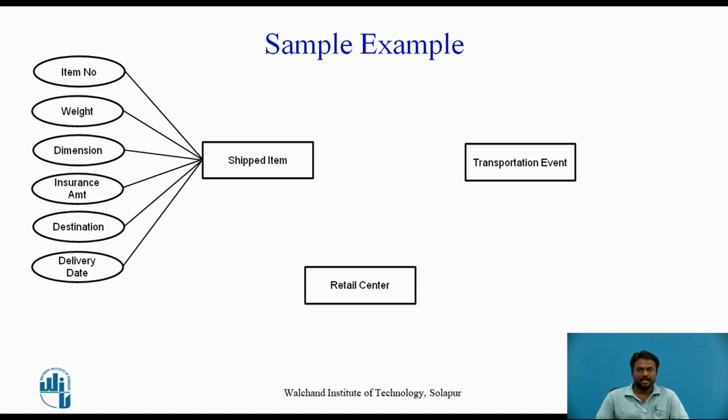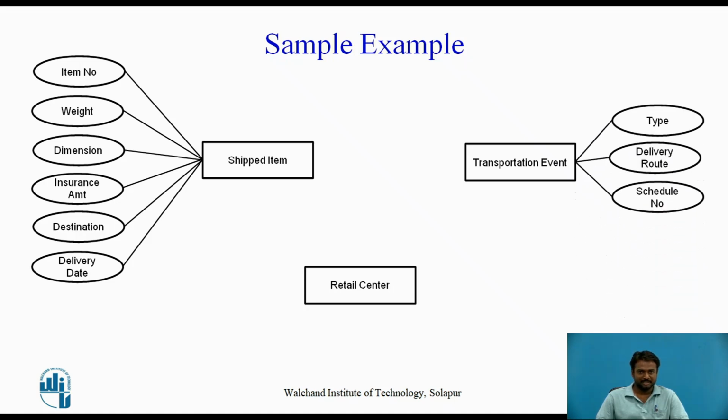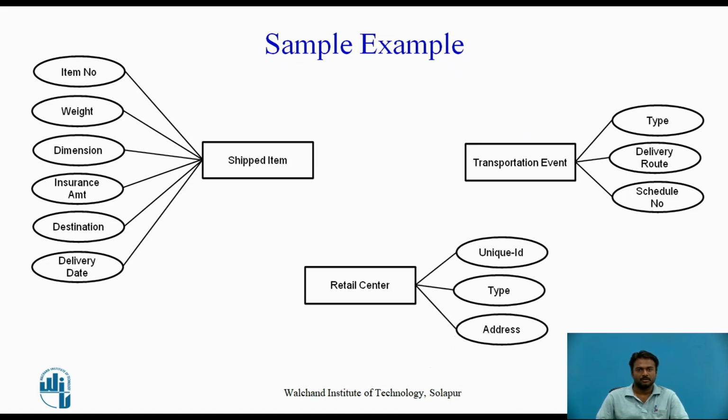Shipped item will have attributes like item number, weight, dimension, insurance amount, destination, delivery date, etc. Similarly, a transportation event will have attributes like type, delivery route, and schedule number, etc. Finally, a retail center have the attributes like unique ID, type, address, etc.